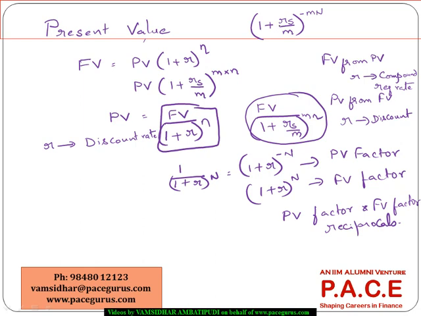This is what is going to be the present value factor. So this is one, and once I look at this equation, I am able to see some interesting points in this equation.